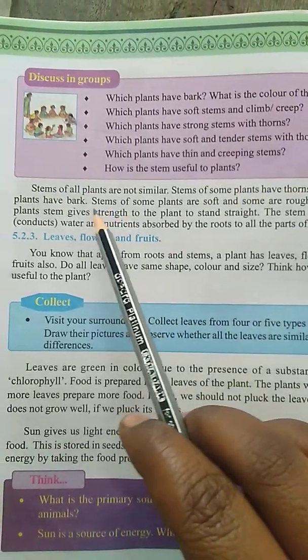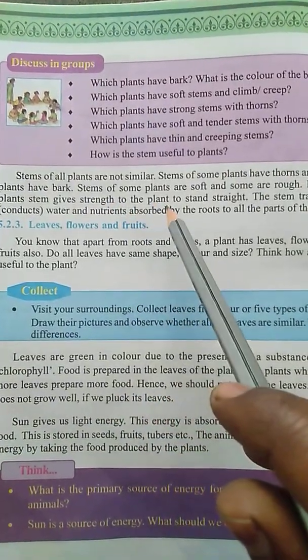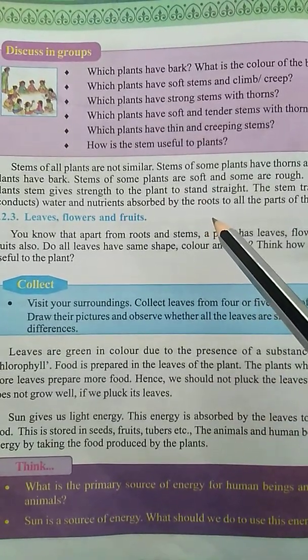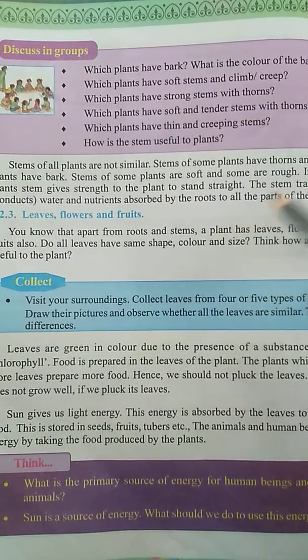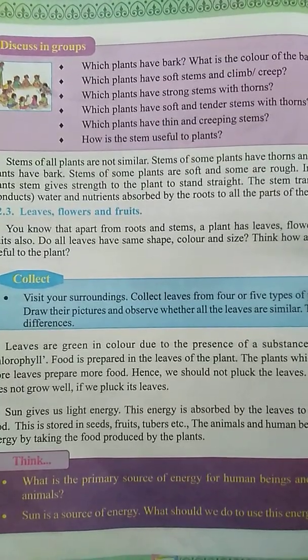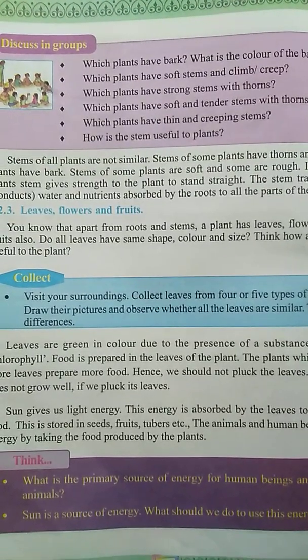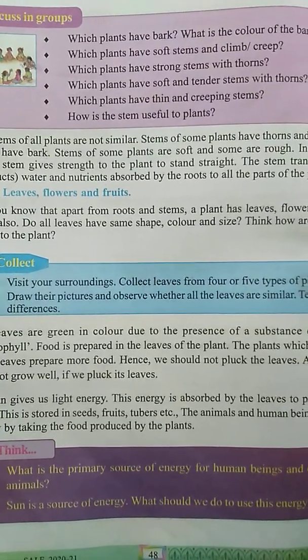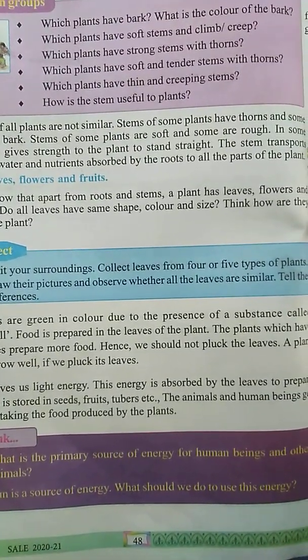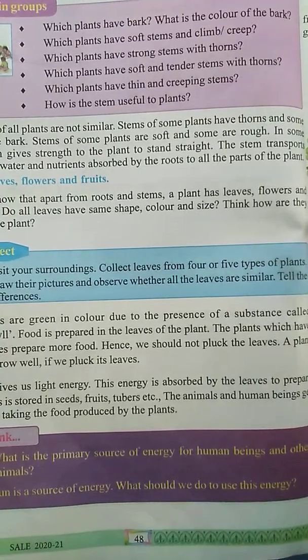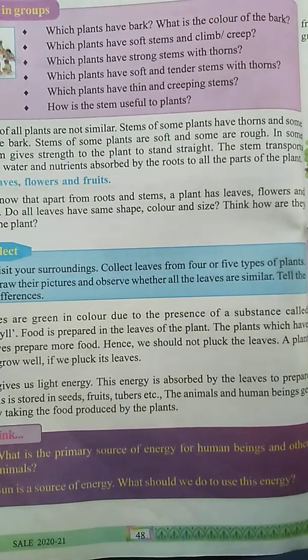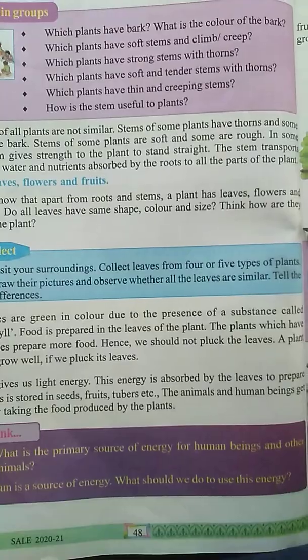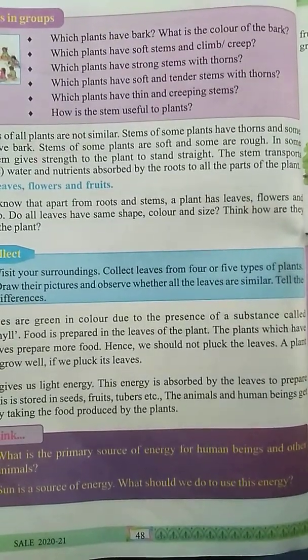Like neem tree, peepal tree, tamarind tree or many other trees, stems are very strong which support the trees to stand straight. But some plant stems are very weak, they are very soft, that's why they cannot stand by themselves, they need support. What are those? Climbers and creepers, that's why they take the support of other things.